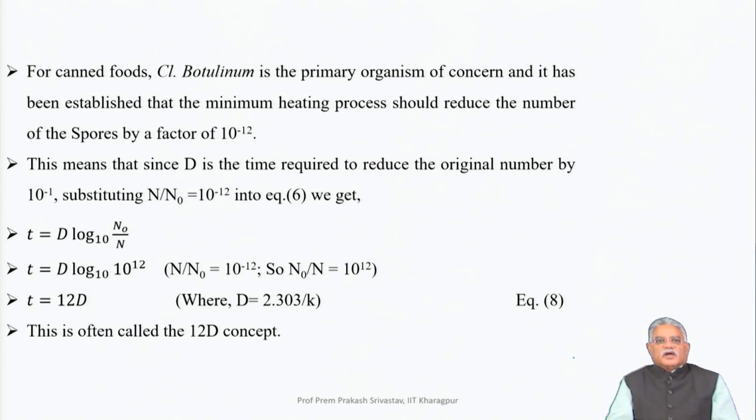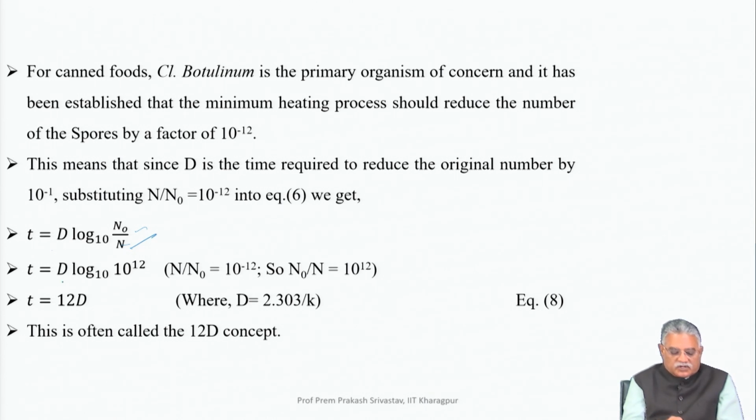This means that since D is the time required to reduce the original number by 10 to the power minus 1, substituting n by n0 equal to 10 to the power minus 12 into equation 6, we get t is equal to D into log base 10 of n0 by n, that is t is equal to D into log base 10 to the power 12, because n by n0 is equal to 10 to the power minus 12.